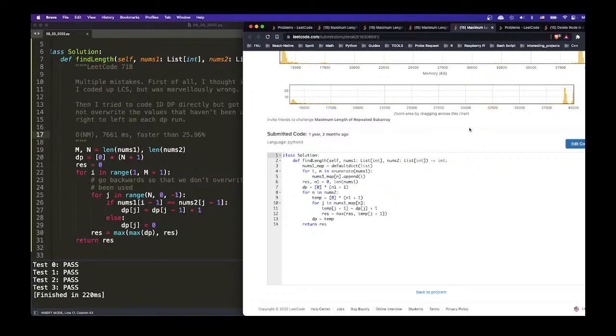Default dict. Default dict. Huh. Oh, I'm jumping.